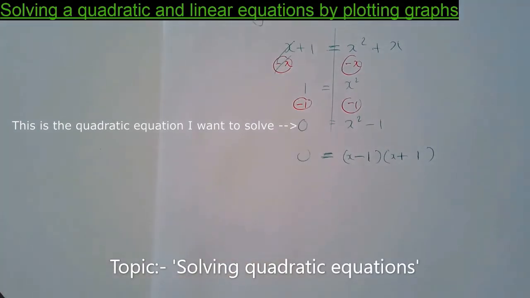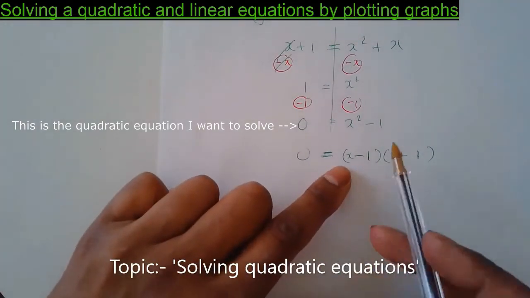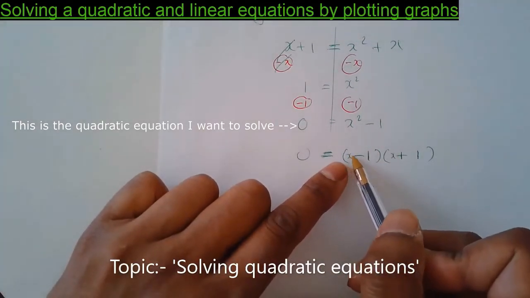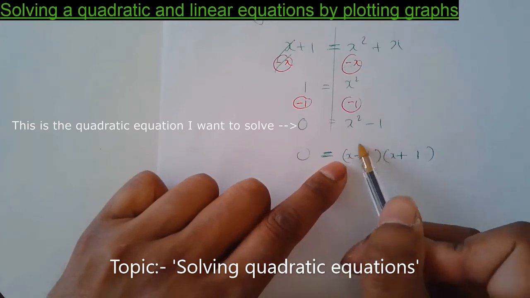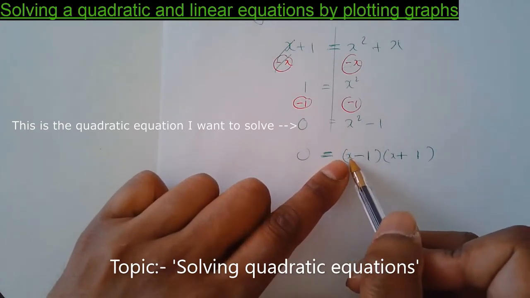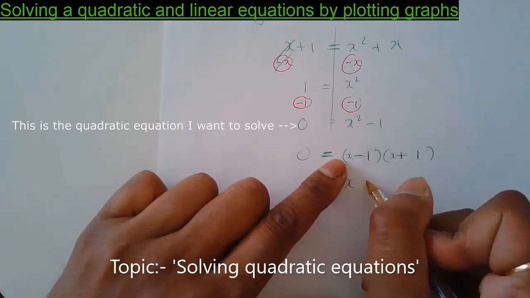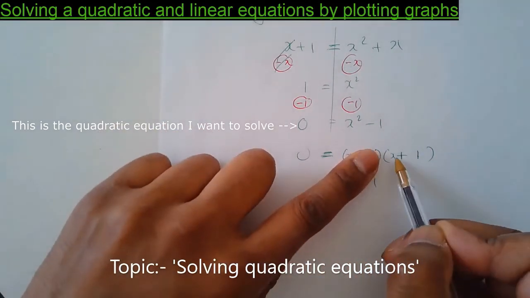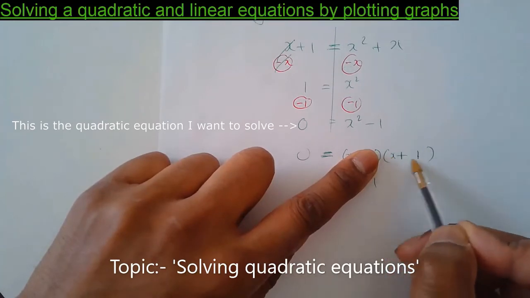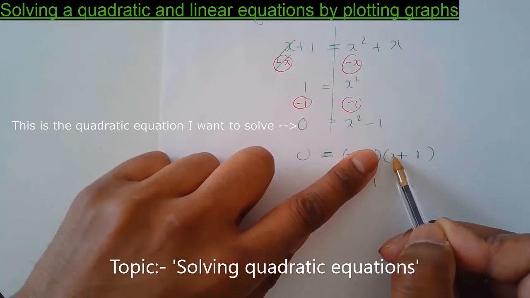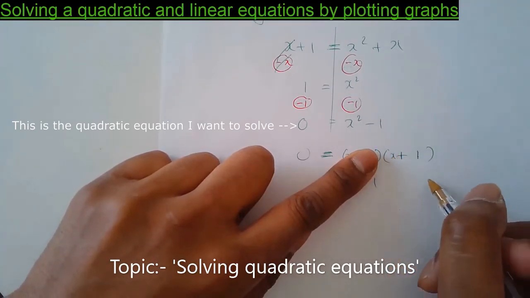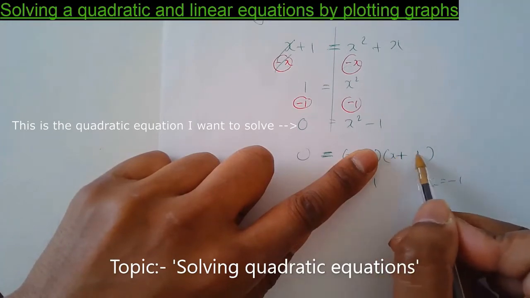Right, solving. I'm going to solve this now. What value of x can I put in here that will make that 0? Well, x equals 1. 1 take away 1 is 0. Same on the other side. What value of x can I put in here to make all of that 0? It's going to be -1, because -1 plus 1 is 0.